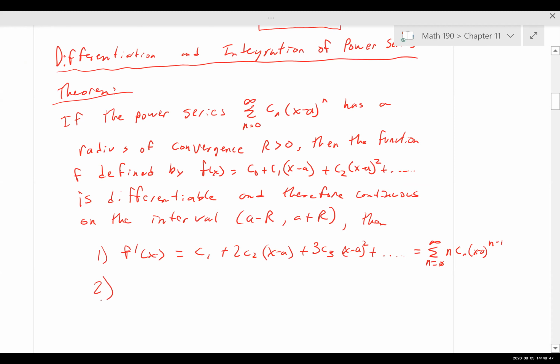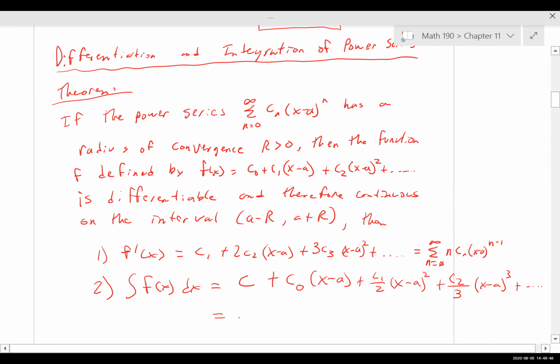Number 2 says that we can integrate. So the integral of f of x dx is equal to a constant c plus c sub naught times x minus a plus c1 over 2 times x minus a squared plus c2 over 3 times x minus a cubed plus dot dot dot.